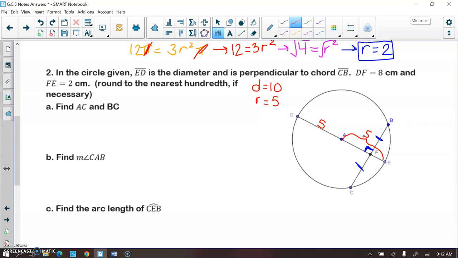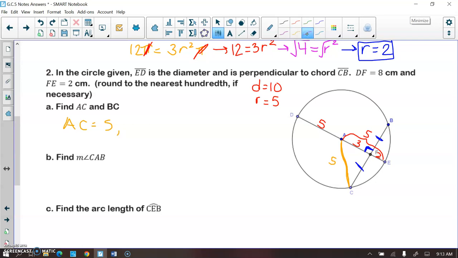And if FE was 2, that would make AF 3. They want us to find AC, which is a radius. The radius is 5, so AC is 5. They also want us to find BC.